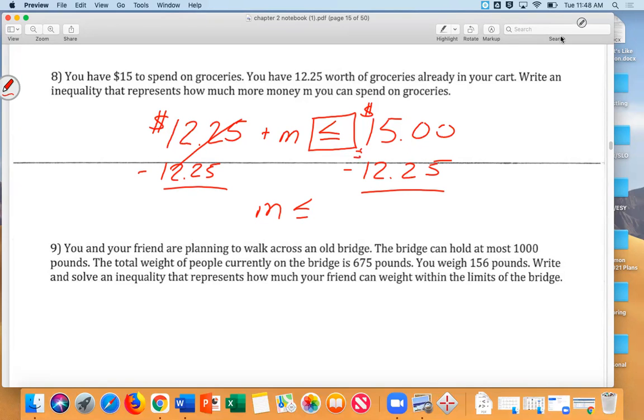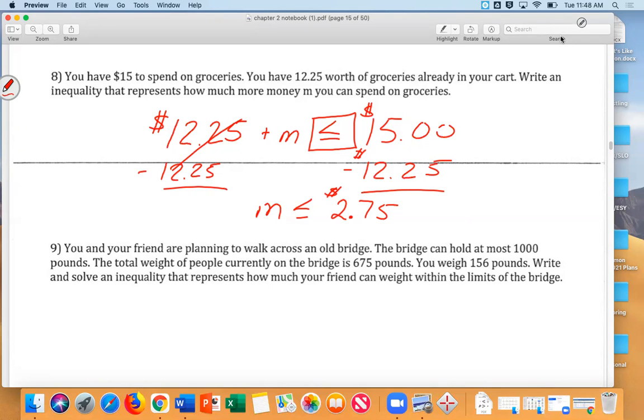If you spend 12.25 of your 15, what would that be? $2.75. So you could get like a couple Gatorades, maybe a power bar and a Gatorade. We could call it a day.